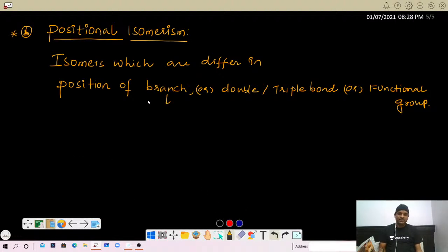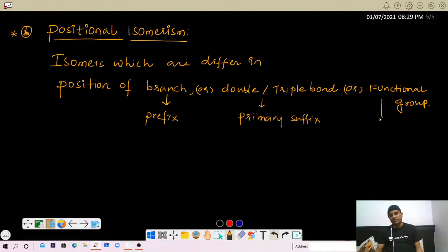Therefore, how do you write it? The branch is nothing but what? Prefix position. So branching we can indicate in terms of prefix in the IUPAC system. And double bond, triple bond position, this part will be indicated in terms of what? Primary suffix. So primary suffix positions are different.